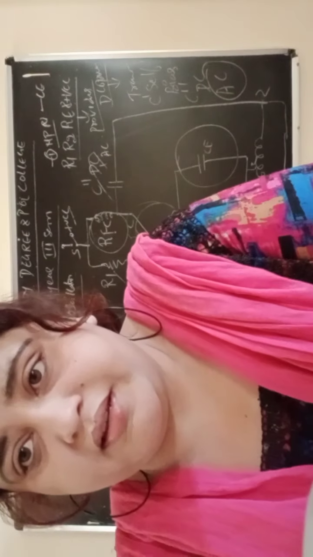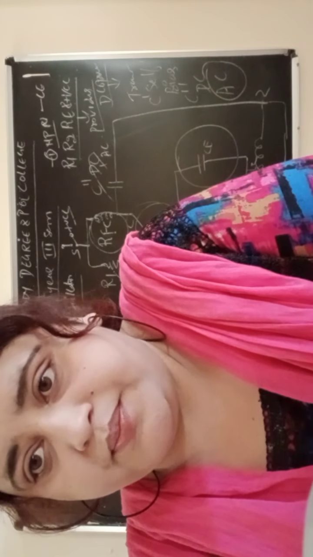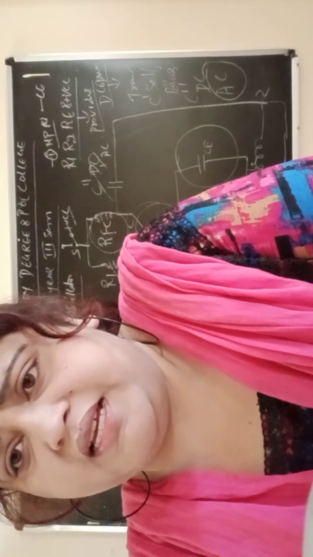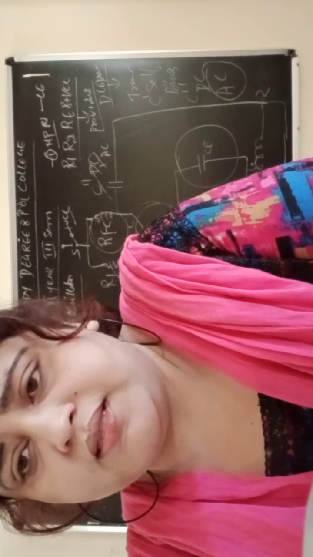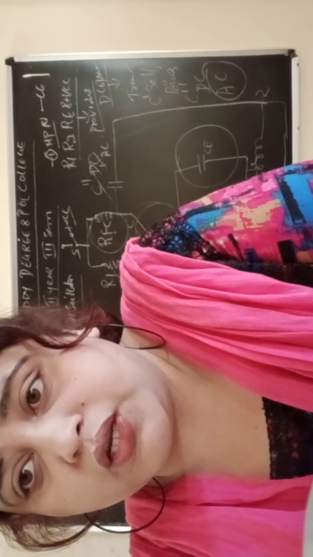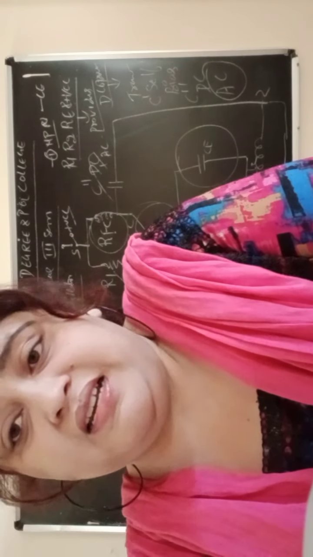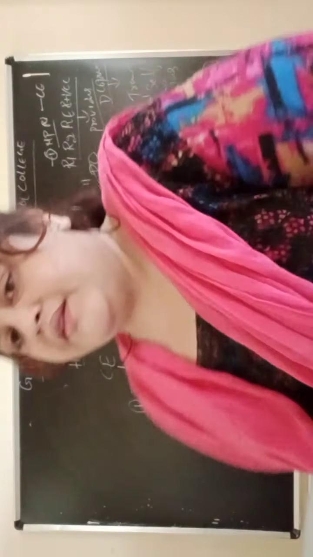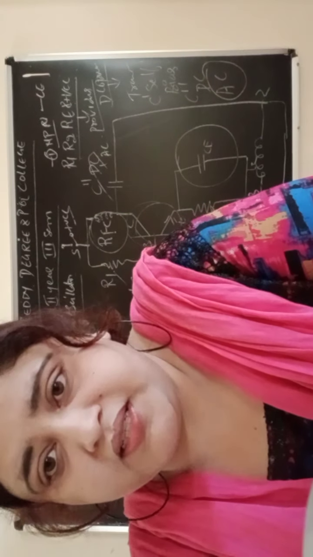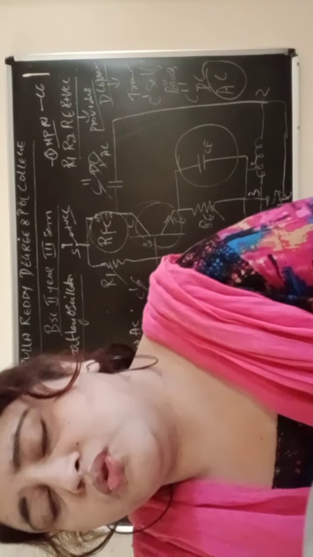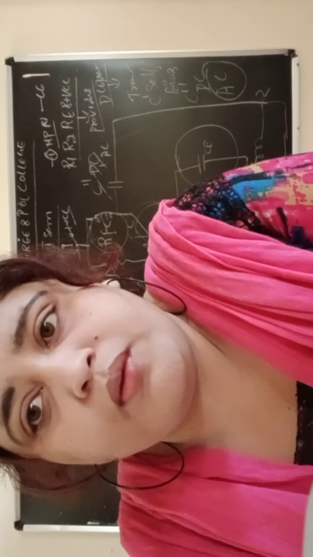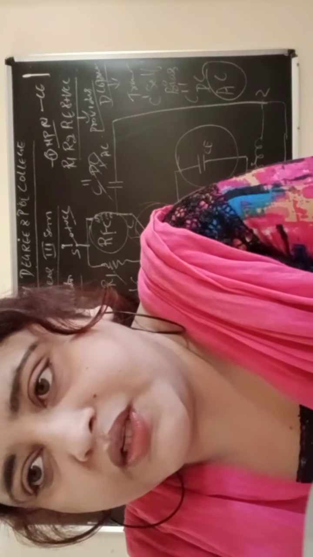CE, the emitter bypass capacitor, is doing three things. First, it provides AC to ground. Second, it will not allow the circuit to become degenerative. Third, it keeps the temperature stable. If the temperature is changing, it will be a problem for us. So it keeps the temperature stable.